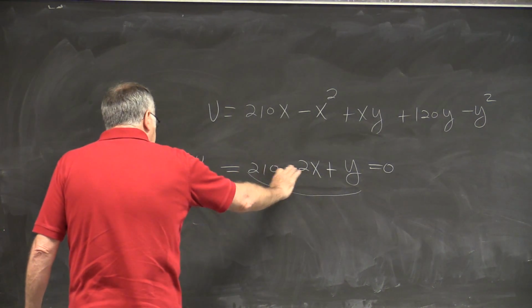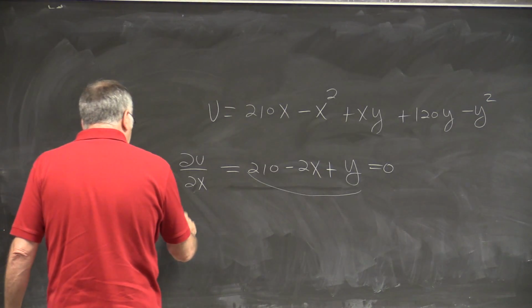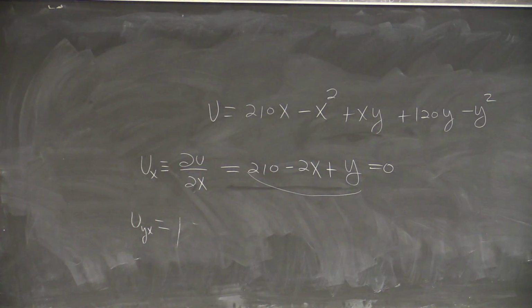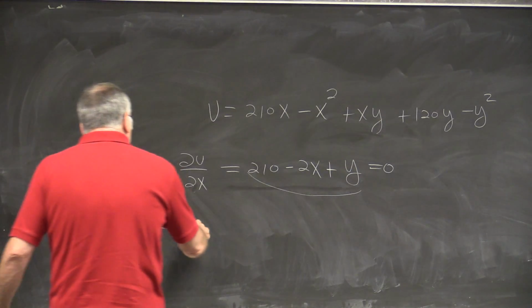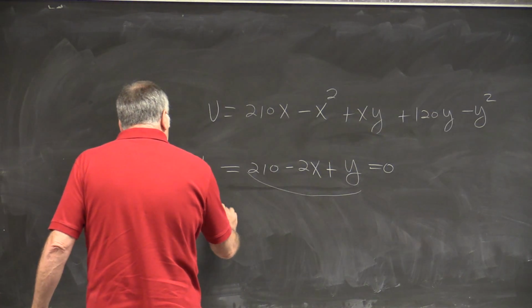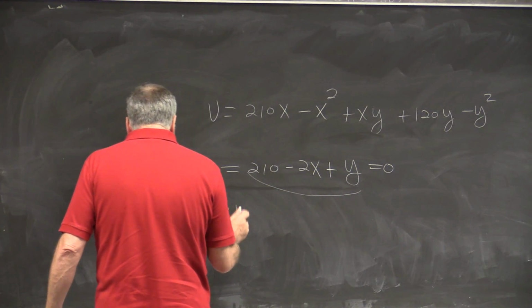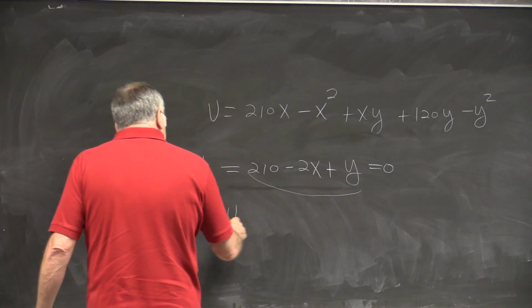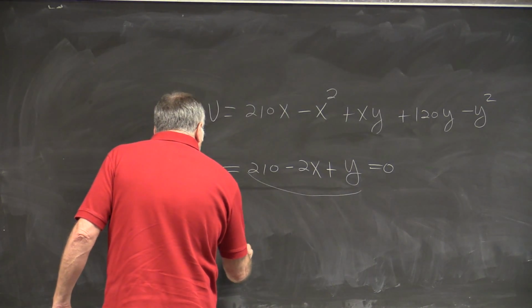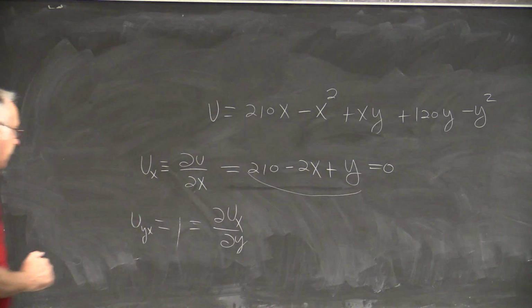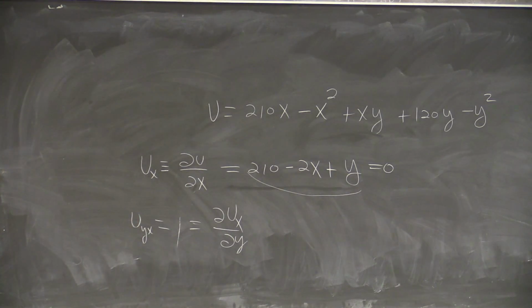Take the derivative of u_x with respect to y. It's 1. So as you consume more of good Y, what happens to the marginal utility of good X? It goes up. So it's both ways.